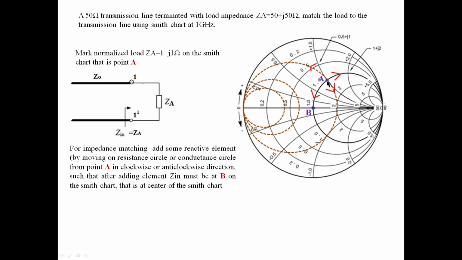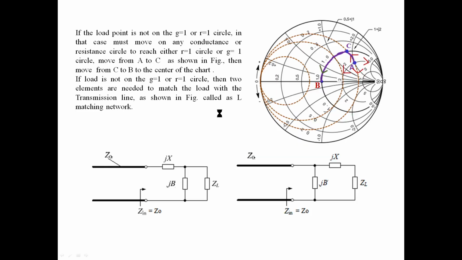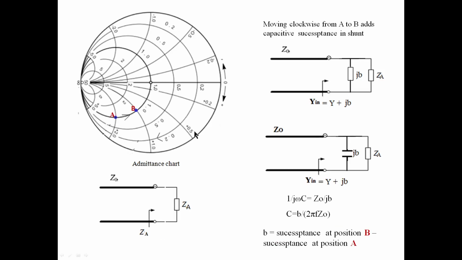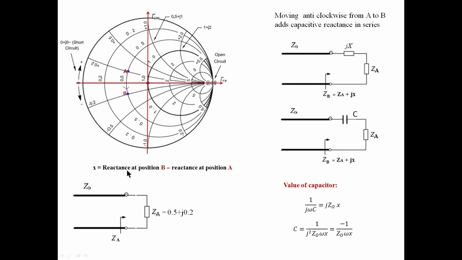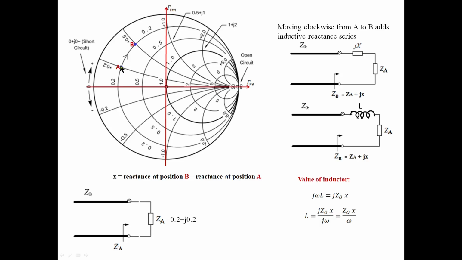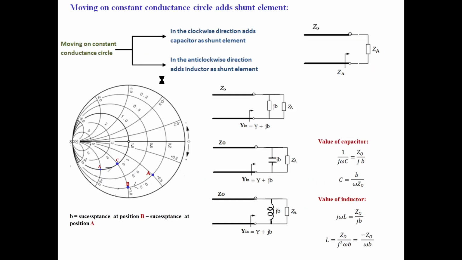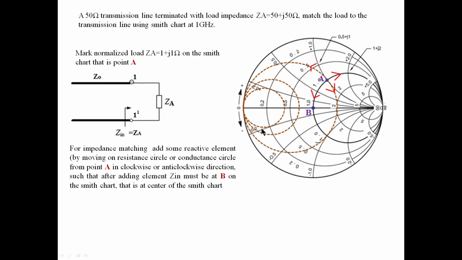From the load point, which may be anywhere, we can move in the clockwise direction or in the anti-clockwise direction. From here we can move like this or like this. So after identifying, we have identified the resistance circle passing and the conductance circle passing.